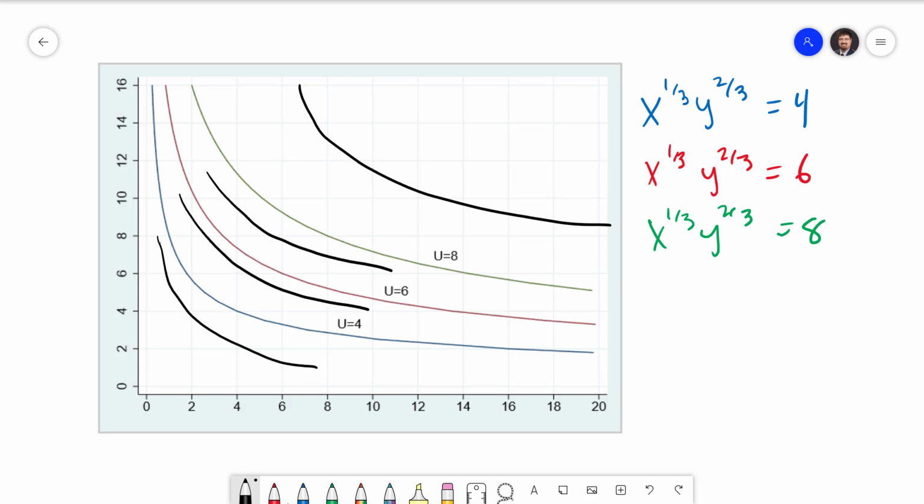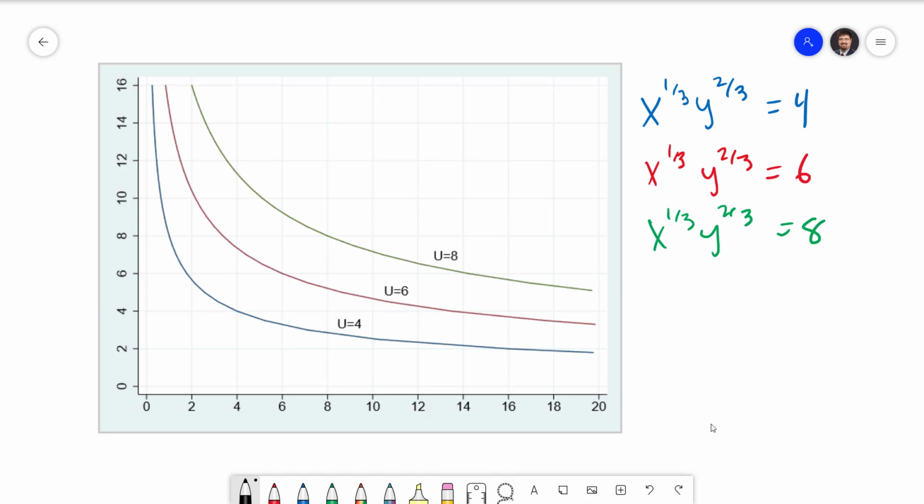Like I said before, there are an infinite number of indifference curves, which each correspond to a different level of utility. Since the consumer is indifferent between any two bundles on the indifference curve, this implies they are willing to exchange some of good x for some of good y to maintain the same level of satisfaction, or vice versa.